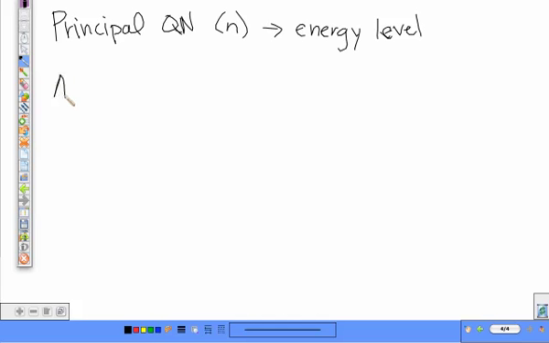Next one is angular momentum, which is L, our L value. What does this describe?